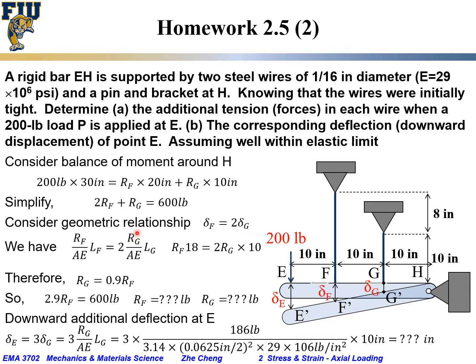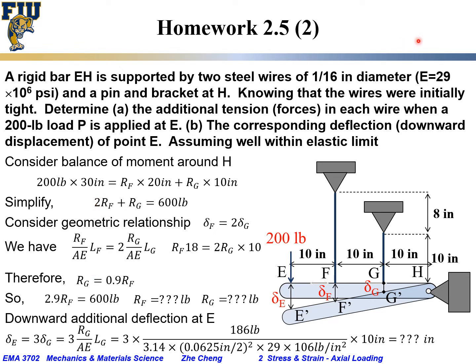Similar, RG over A over E times the initial length, LG. And we know the two wires, F wire and G wire, have the same cross-section area because they have the same diameter, 1 over 16 inches.